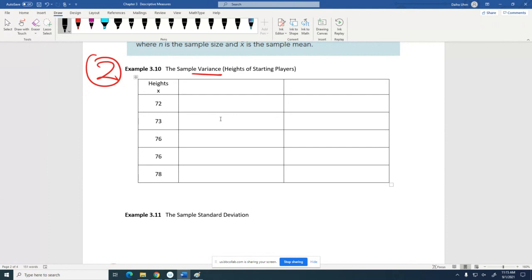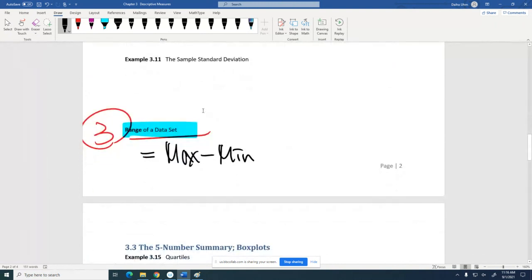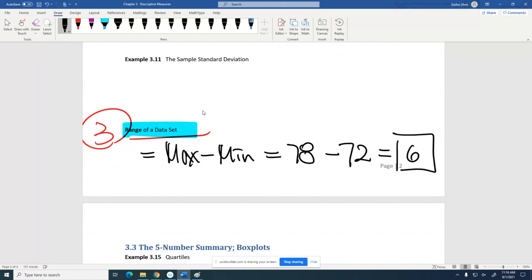How can you get the range? The maximum, tallest one, 78, minus the shortest one, minimum, 72. It's very simple. Take the difference, it will be 6. 6 will be the range.